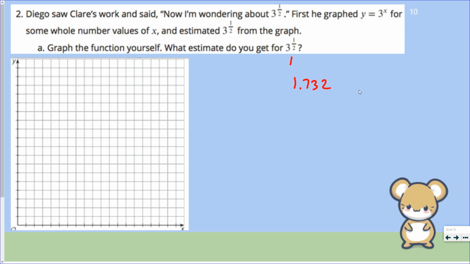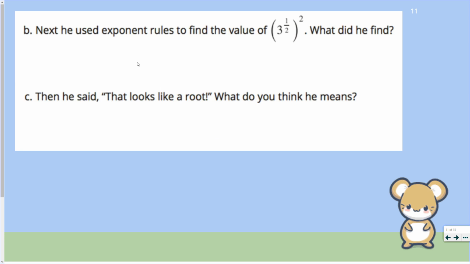Now let's try using the same methodology that we used before. So 3 to the 1 half, squared. We don't know what 3 to the 1 half is. Let's say we don't know its true value, but we square it, right?